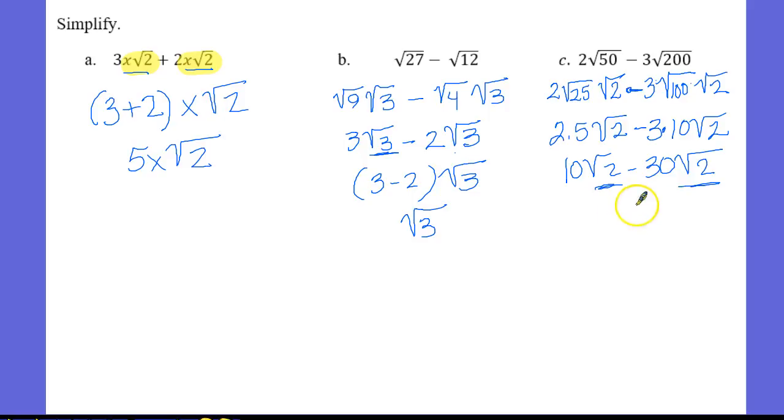Factoring out their like radical, I have (10 minus 30) times the square root of 2. Then, of course, combining my coefficients here, I get negative 20 square root of 2. So I was able to simplify that problem by trying to identify like radicals.